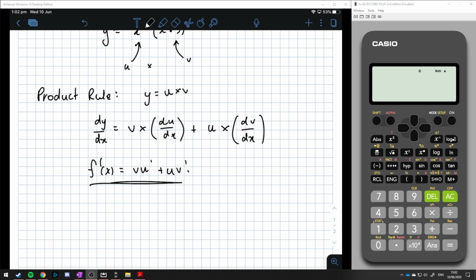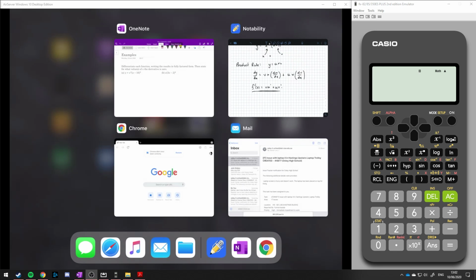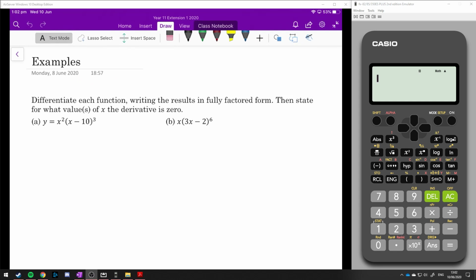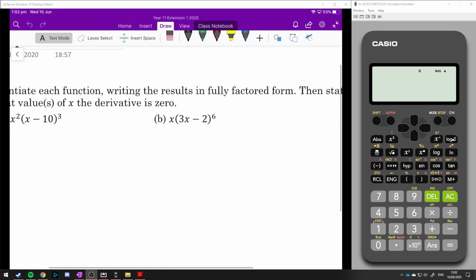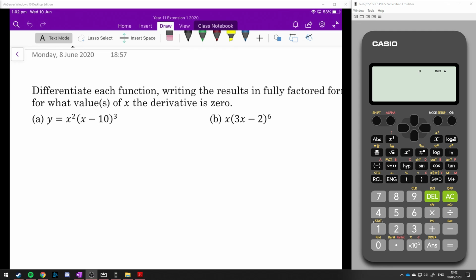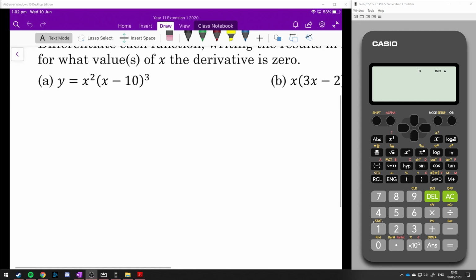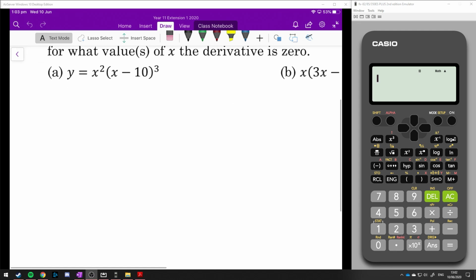So let's have a look at some examples of doing this. Differentiate each function, writing the result in its fully factored form, then state for what values of x the derivative is 0. Okay, so let's start with the first one. So we've got a. Now a says that y is equal to x squared, lots of x minus 10 all cubed.